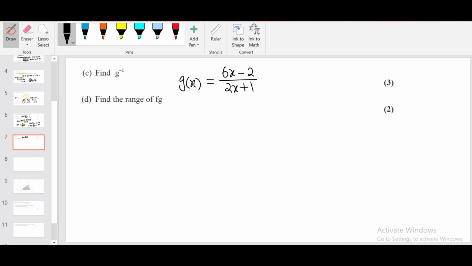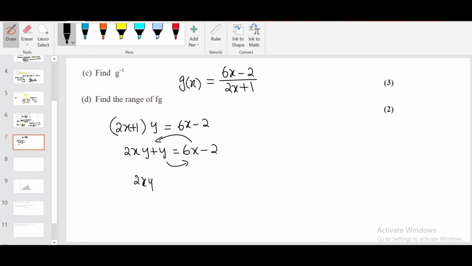You can replace g of x by y and make x the subject. So 2x plus 1 times y is equal to 6x minus 2. So it's 2xy plus y is equal to 6x minus 2. Bring this term here, y here. We'll get 2xy minus 6x is equal to minus 2 minus y.